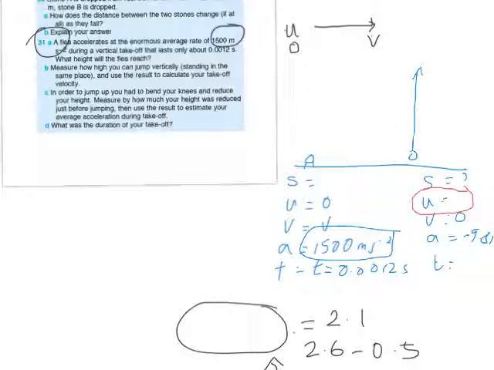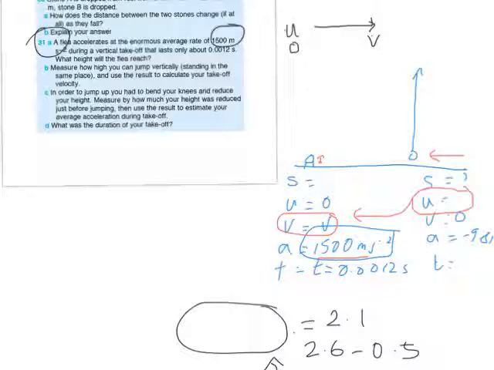We want to find the initial velocity just when that flea leaves the floor, and that initial velocity is the same as the final velocity as it pushes up while it's still accelerating at this rate. So we're going to use this part of the journey to find the information for the second part of the journey.